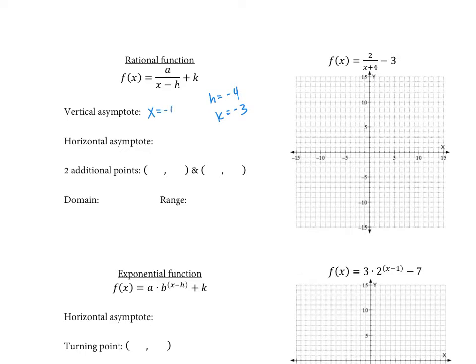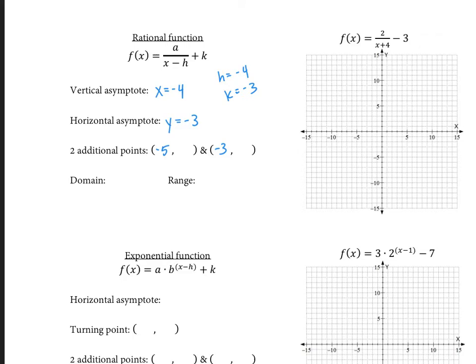That's x equals negative 4. Horizontal asymptote is y equals k. y equals negative 3. Okay, so 2 additional points. So you plug in h minus 1 and h plus 1. So since h is negative 4, plug in negative 5 and negative 3.